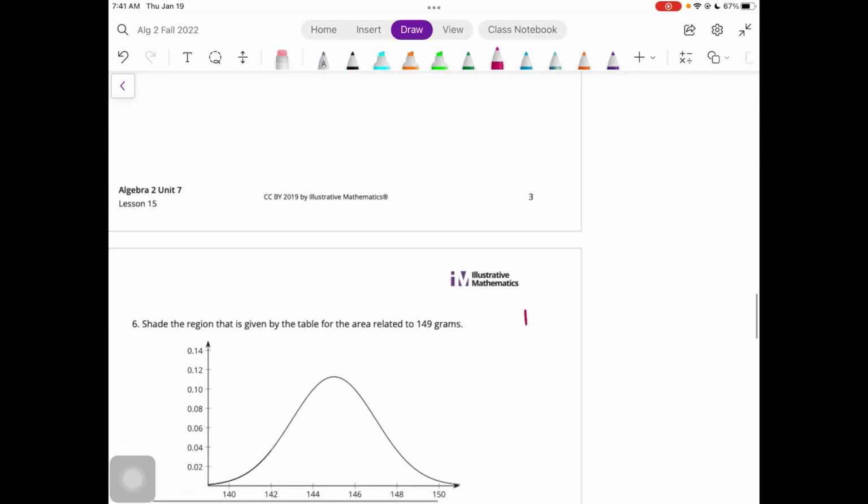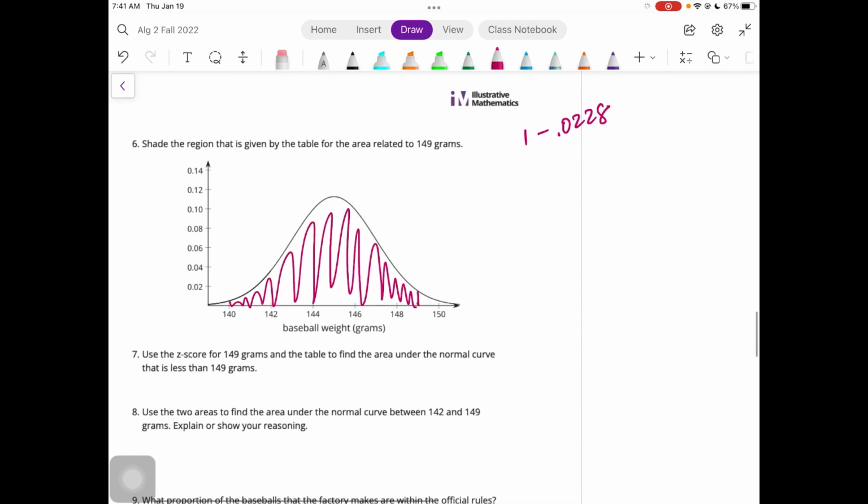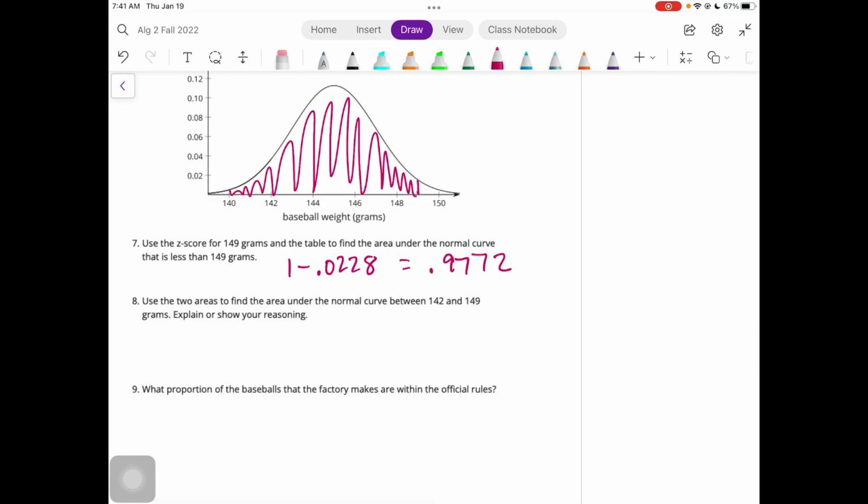So 1 minus 0.0228, and we're going to shade that region, which would be right here. We're looking at all of those values. When we subtract, again, 1 minus 0.0228, we get 0.9772.